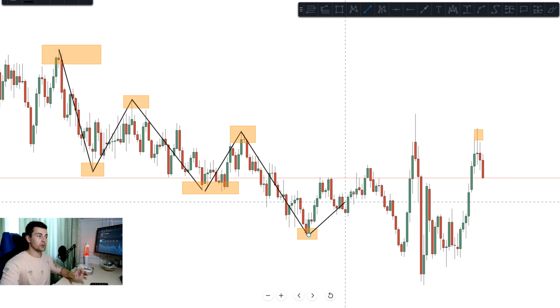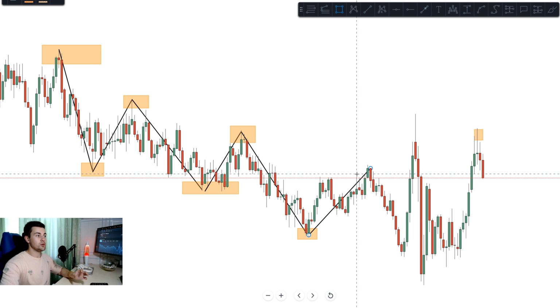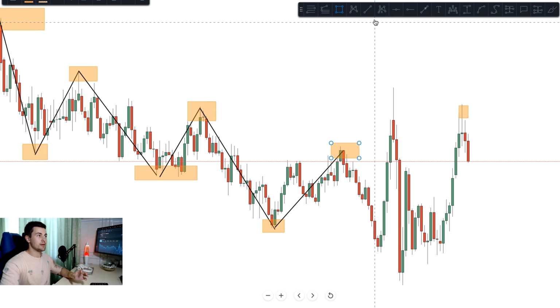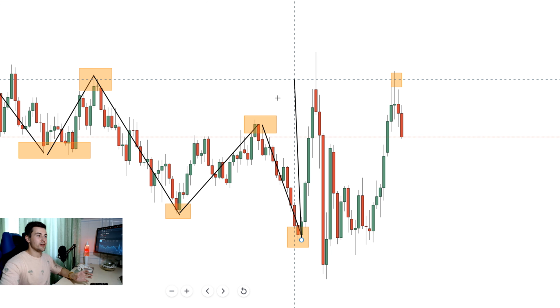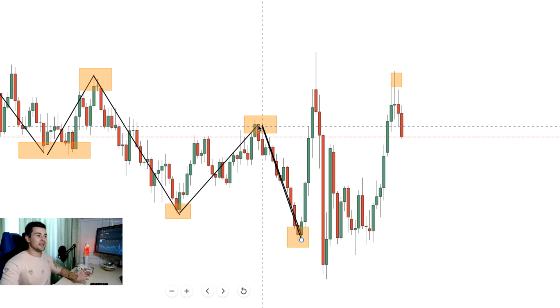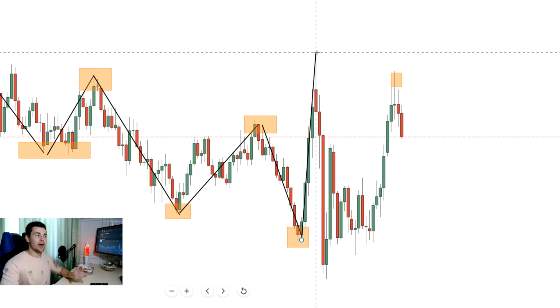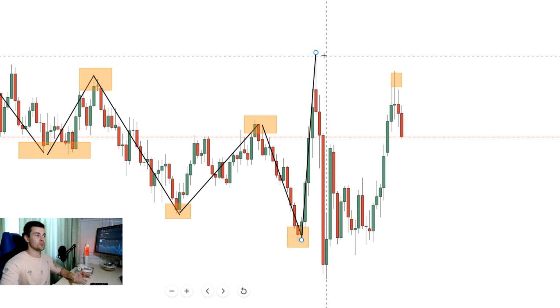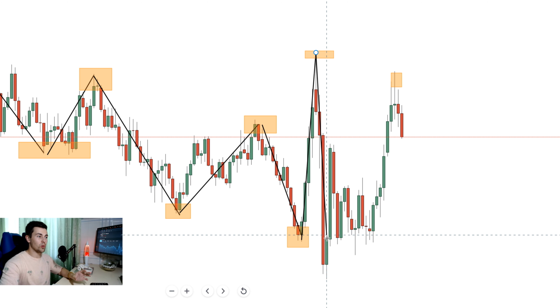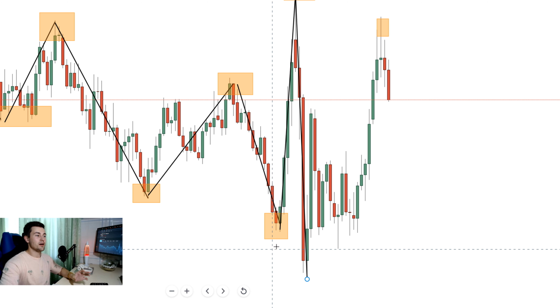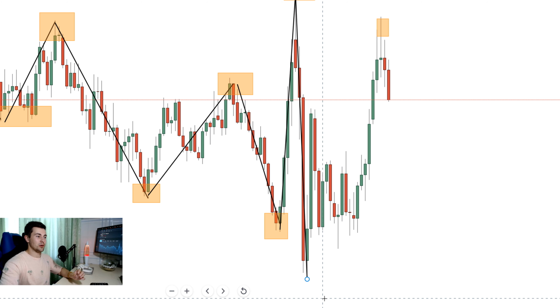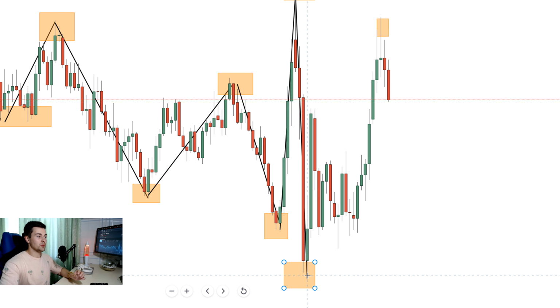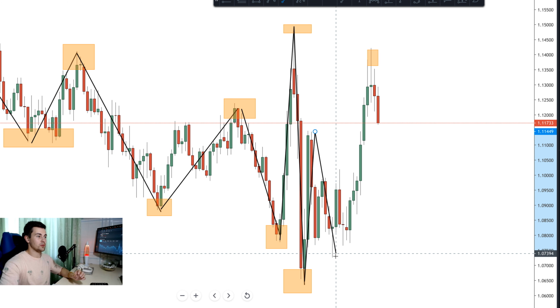Then once again a bullish reaction, and the market forms a new lower high right here, then a new bearish movement, lower low right here, and then a very funny thing, the pair broke the level of the last lower high, and here we had a significant, crazy bullish movement, and it stopped right here, and from here it dropped once again, and the pair forms a new lower low, lower close, and then the pair started to consolidate, and here it started to coil.